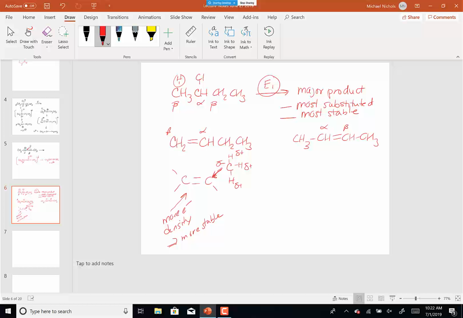Now you might say, well, what if you had 1 alkyl group on each side? You can probably imagine that if you had 2 alkyl groups, it would be better to have them trans than cis because of steric interactions. So in this case, trans is going to be more stable than cis.